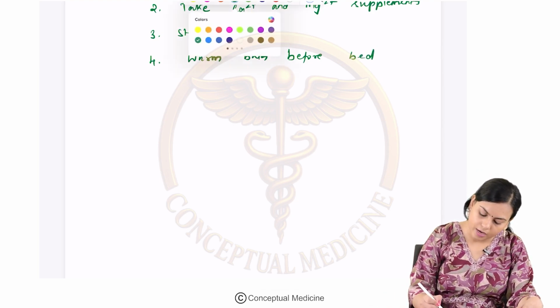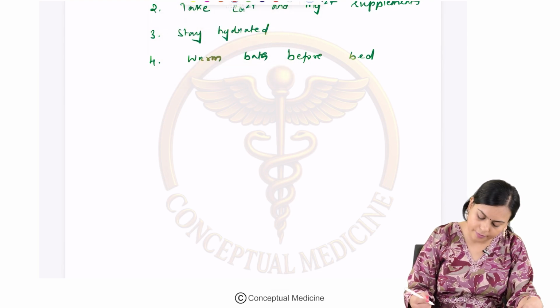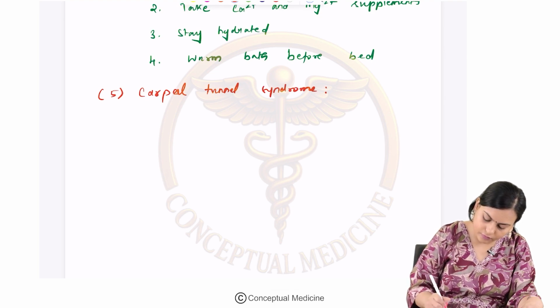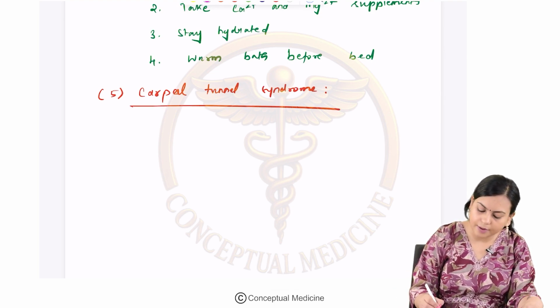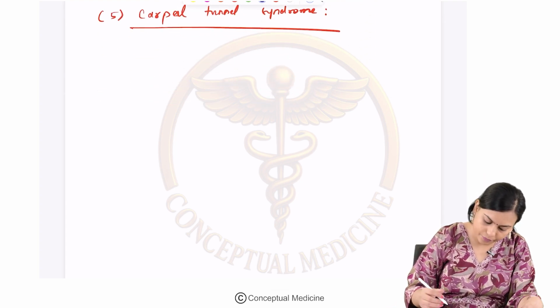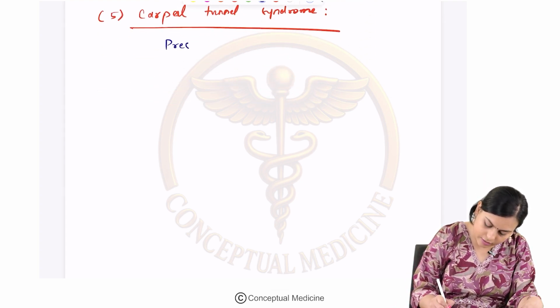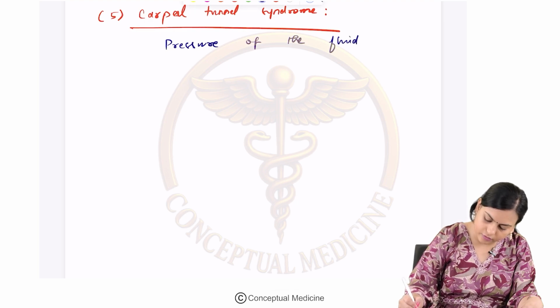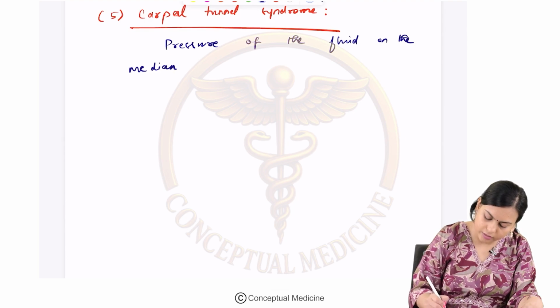Okay, and the next common ailment you can see is carpal tunnel syndrome. Okay, so what's happening in carpal tunnel syndrome is there is pressure of the fluid on the median nerve.